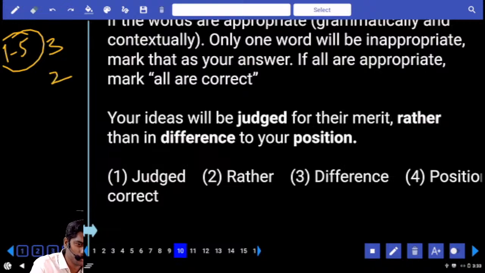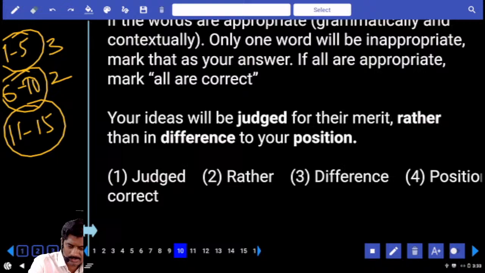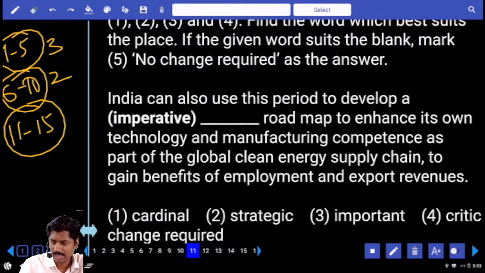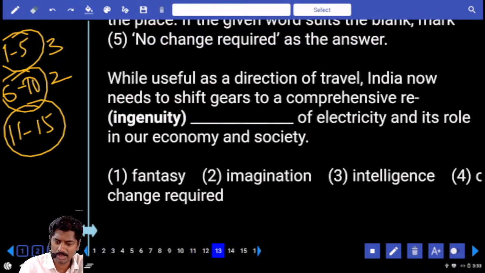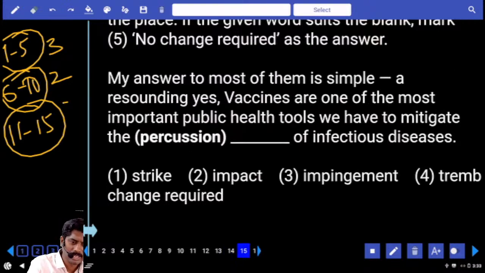I'll give only 2. Is that okay? 6 to 10, 2 marks. And 11 to 15, how many scoreable? Can I keep 3 or 4? I'm giving 3. I'm taking the worst case scenario. So in the first 15 questions, we can score 3 to 3 easily.